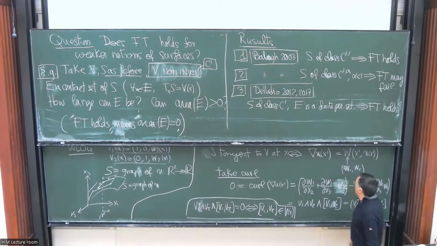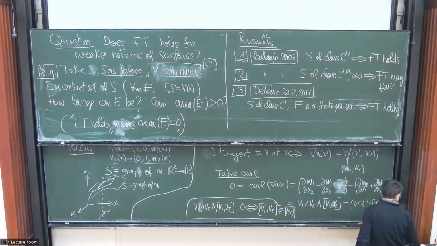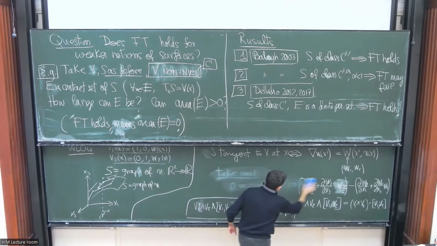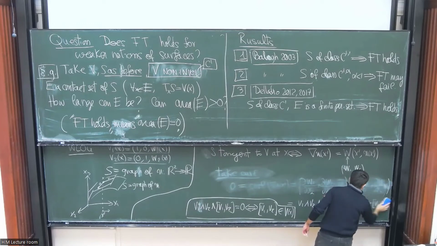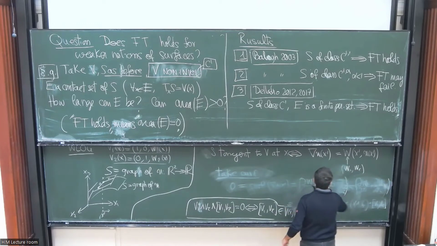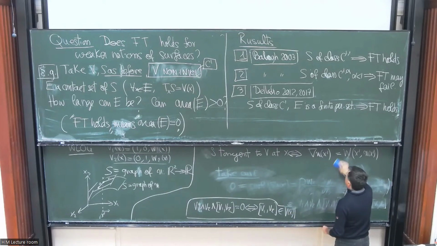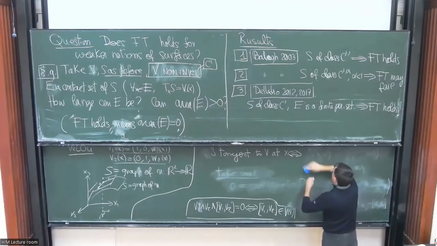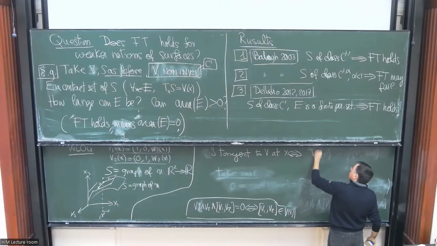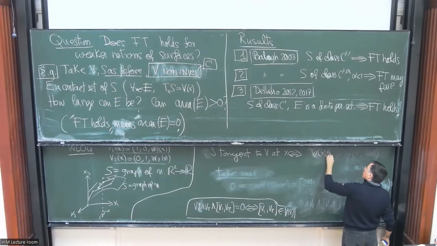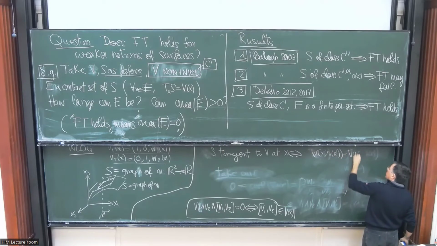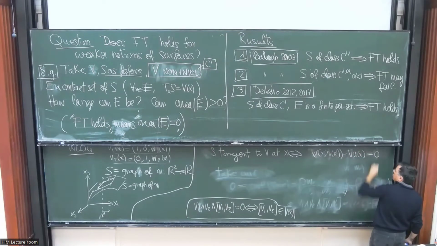And okay, let me write this in a slightly different way. So this is W computed at x prime, u of x prime, and I subtract the gradient computed at x prime, and I say this is 0.